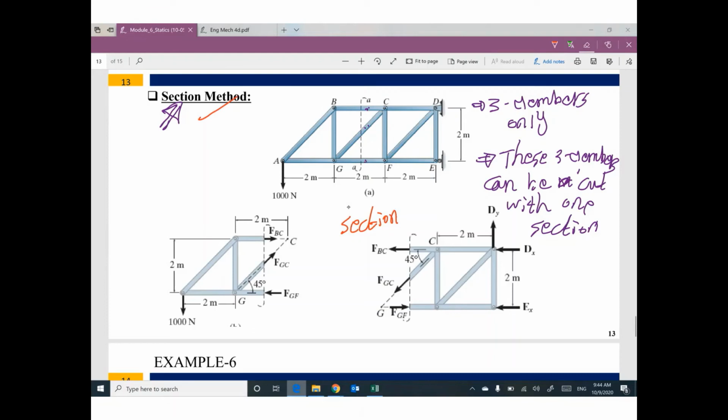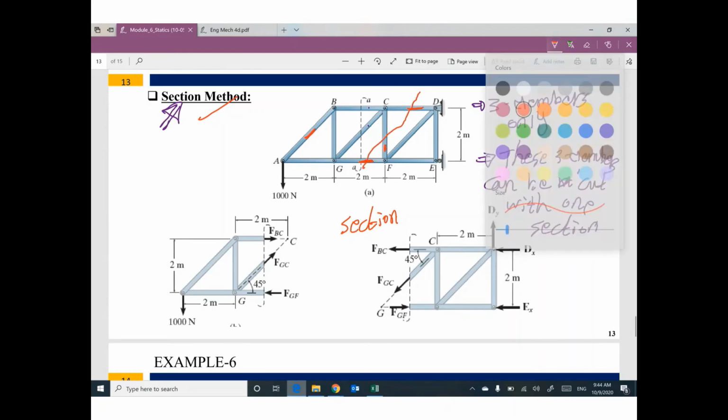What will happen if you are looking for this member and this member and this member? I cannot use the section method. Why? Because I don't have a section to cut these 3 members only. Can you? If you try to cut this one and this one, you intersect this member. Doesn't make sense.